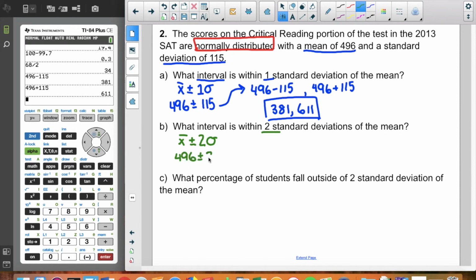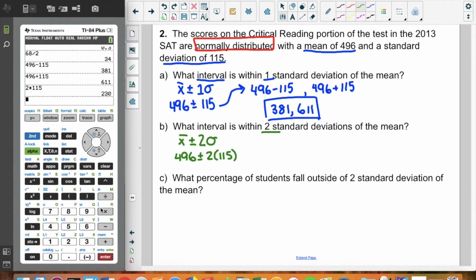So it's 496 plus or minus 2 times 115. You should simplify 2 times 115 before doing anything, and we get 230. So 496 plus or minus 230.